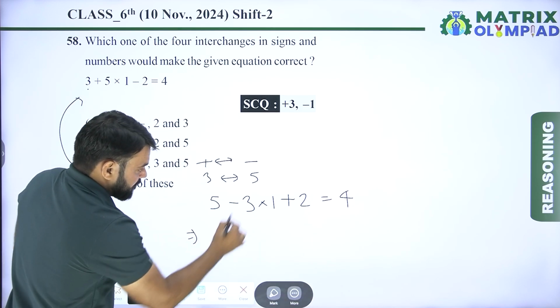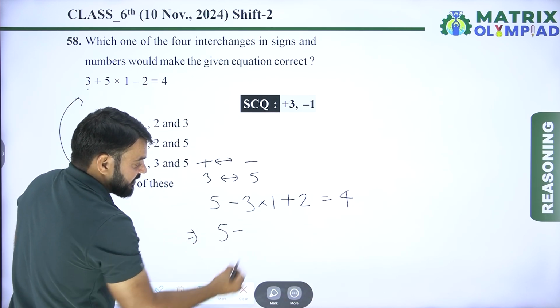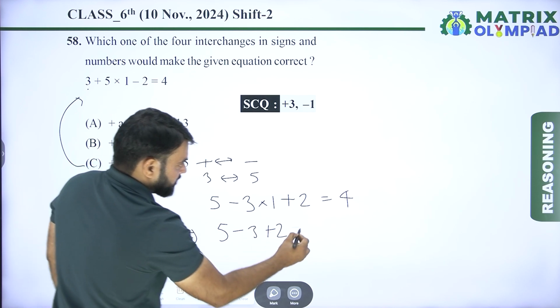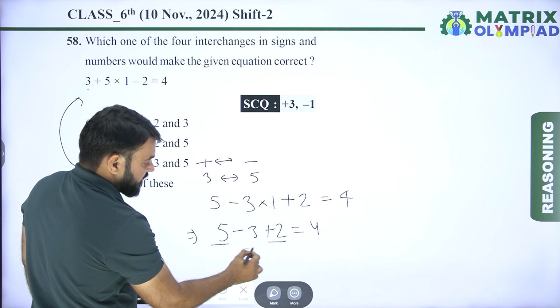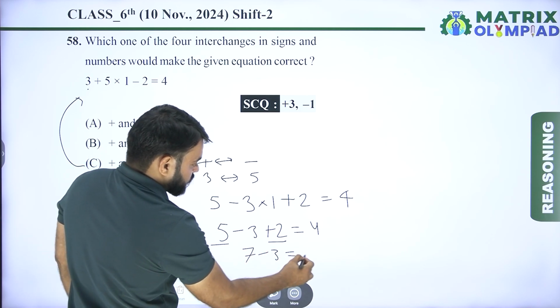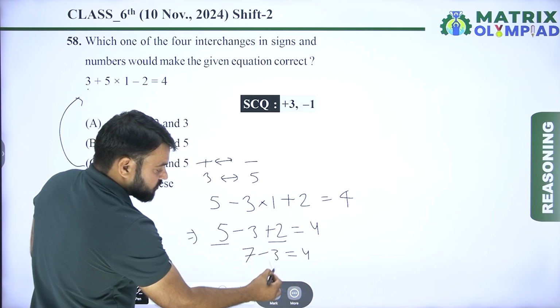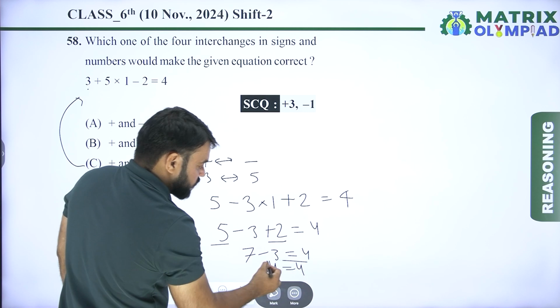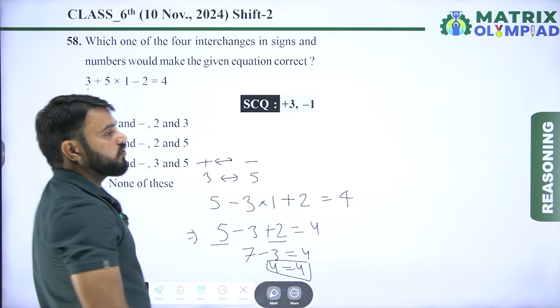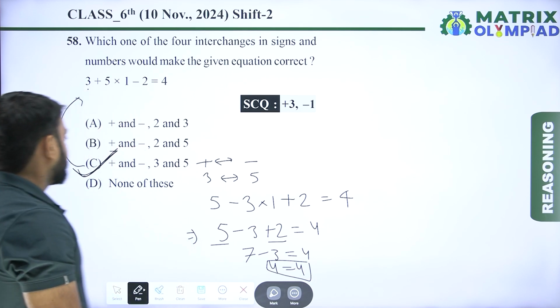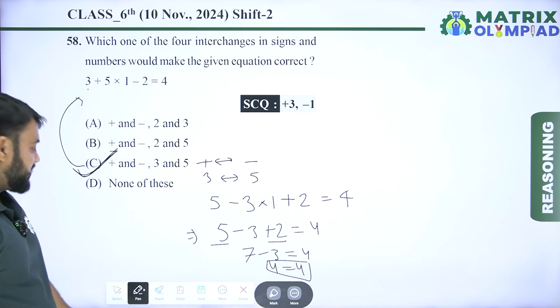So 5 minus 3 multiply by 1 means 3, plus 2 is equal to 4. So 5 plus 5 plus 2 means 7, minus 3 is equal to 4. 7 minus 3 means 4. 4 always equals 4. So here option C is the correct answer of this question.